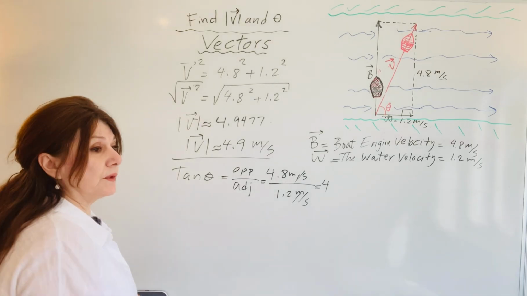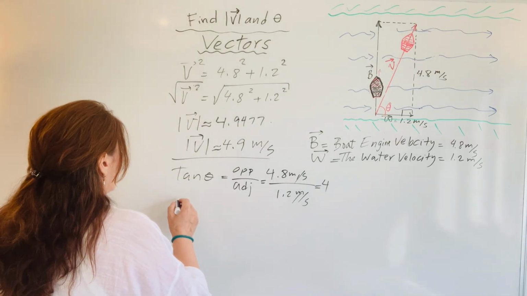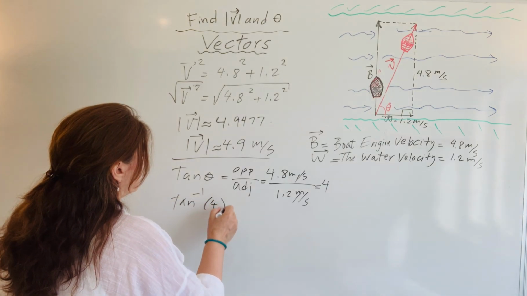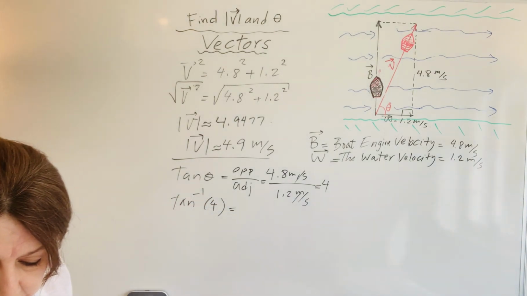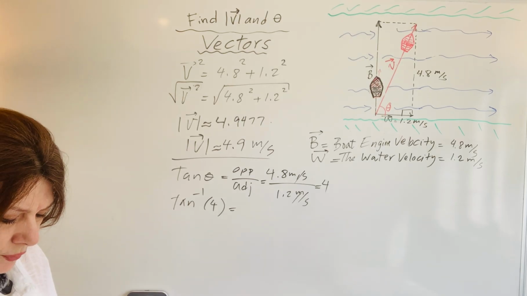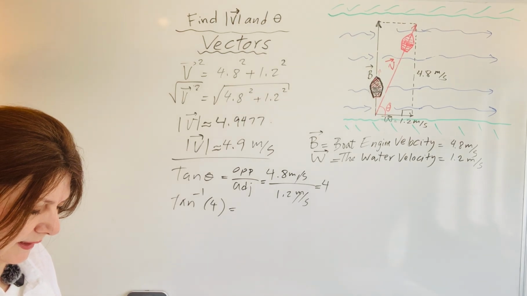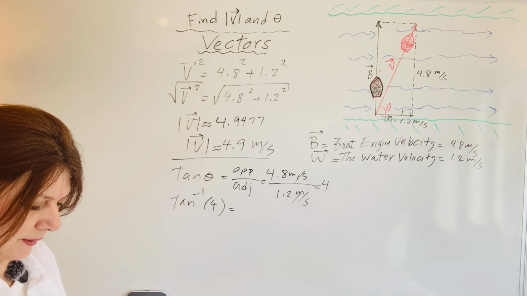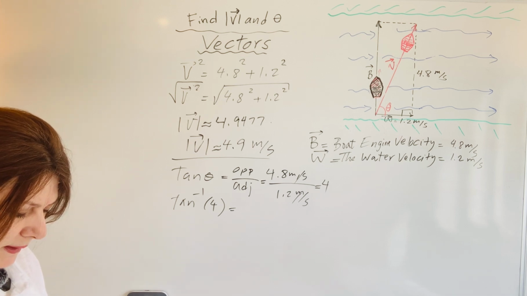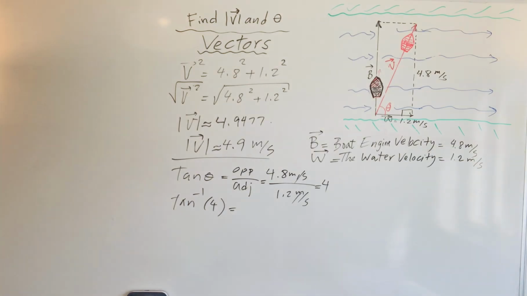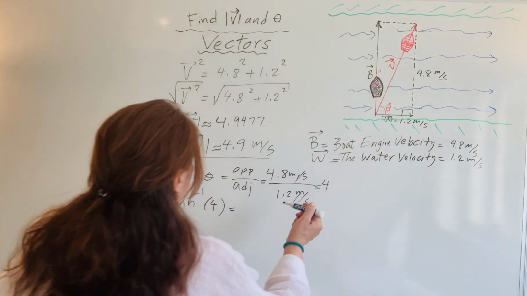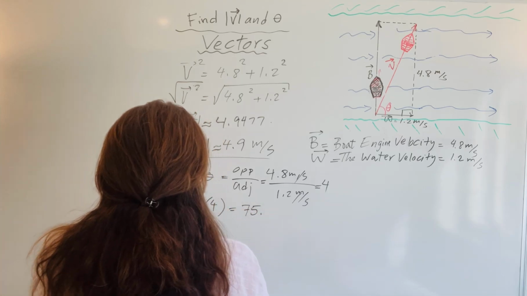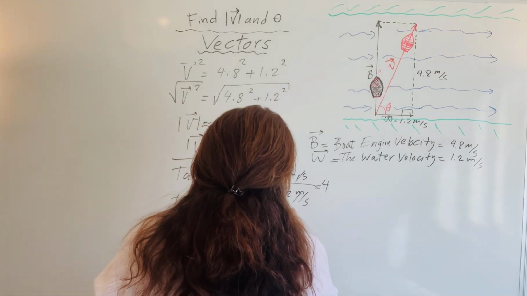But we are looking for theta, so we use arc tangent. Arc tangent of 4 is what? Just check the mode on your calculator, and take shift and tangent. The arc tangent of this gets theta, which is actually 75.963.